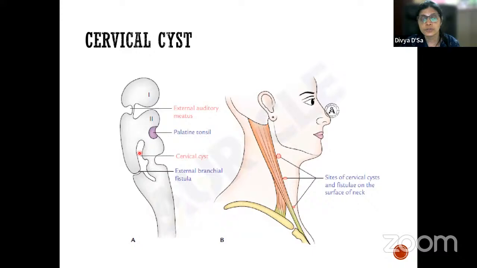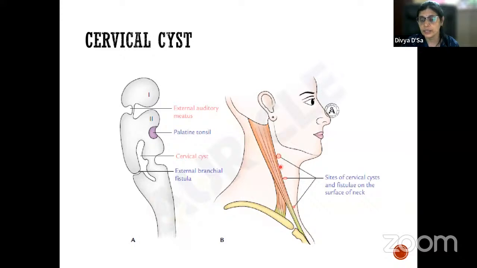Usually that gets obliterated completely. But if that space remains patent, it results in what we call a branchial cyst or cervical cyst. You can see it in varying regions along the sternocleidomastoid muscle.